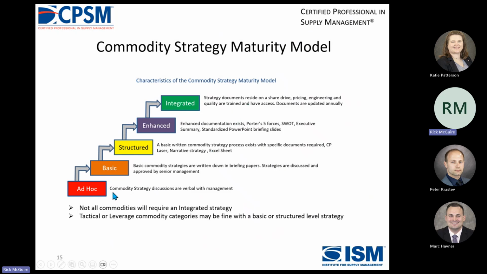The company just has to define what is involved with each step. And not all commodities will require an integrated strategy. So fasteners are probably fine with basic. Tactical leverage commodities may be fine with basic or structured. It's your strategic and bottleneck categories that are going to be up here.